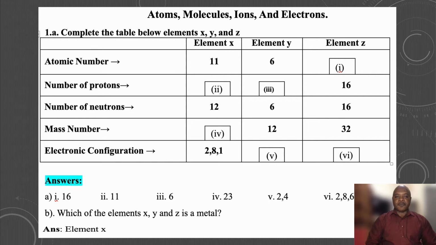Then 2, give the proton number for element X. Again, remember that atomic number is equal to the number of protons.